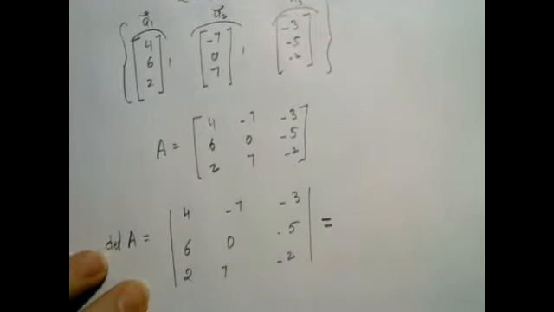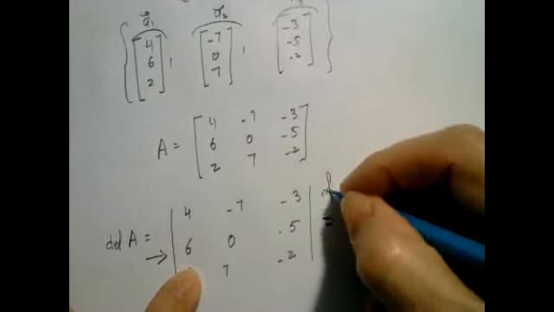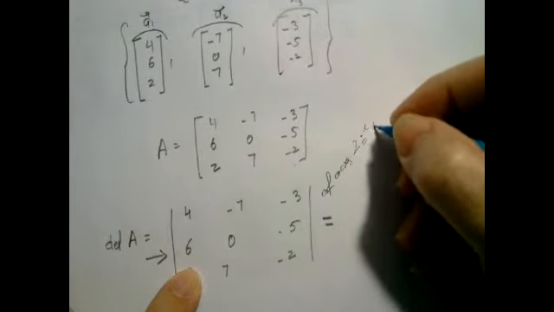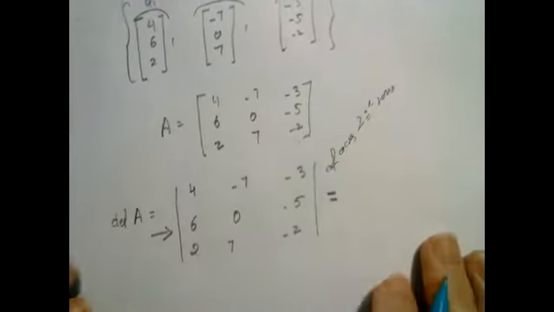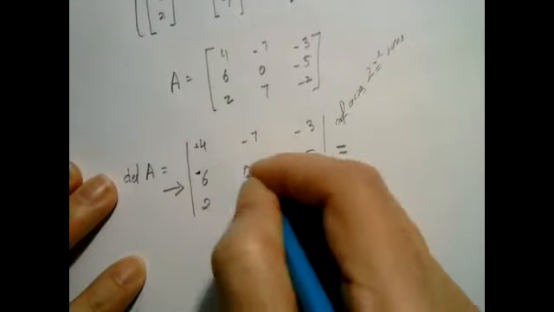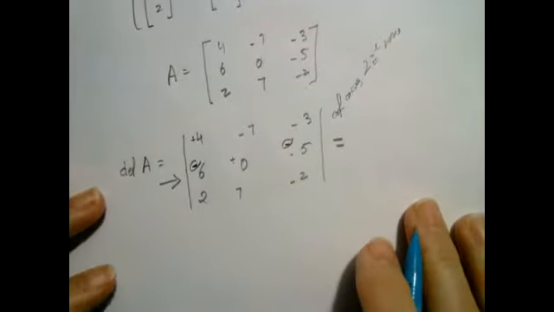That's a simple determinant. I would like to do cofactor expansion across the second row. So I can take my checkerboard sign. So that's a minus, that's a plus, that's a minus. And then I compute the determinant.